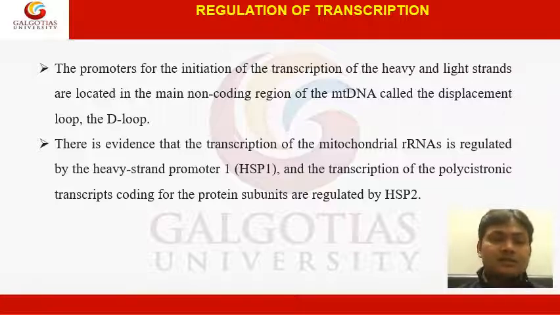There is evidence that the transcription of the mitochondrial RNAs is regulated by the heavy strand promoter 1, HSP1. And the transcription of the polycistronic transcripts coding for the protein subunits is regulated by HSP2, meaning the heavy strand promoter 2 region.